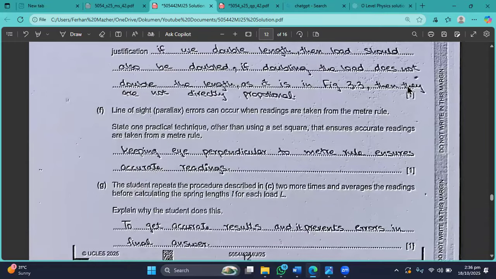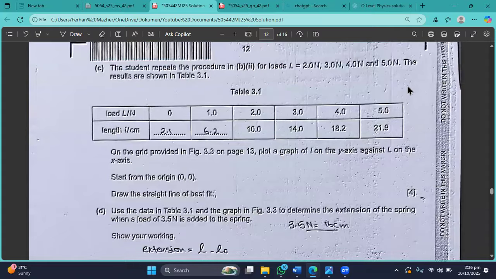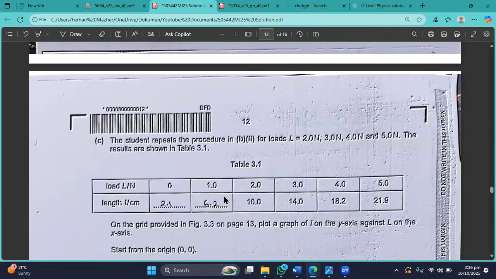Another very important thing from the table I can show you. If two things are directly proportional to each other, if you double one quantity, the other quantity will also double. So here, the load is 1 Newton, you made the load 2 Newton. So you double the load. But the length has not become double.